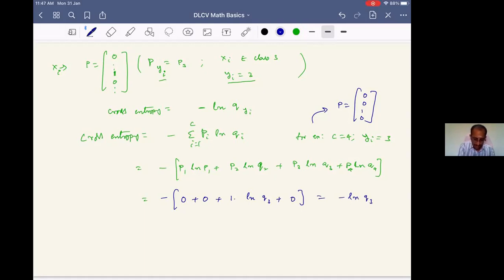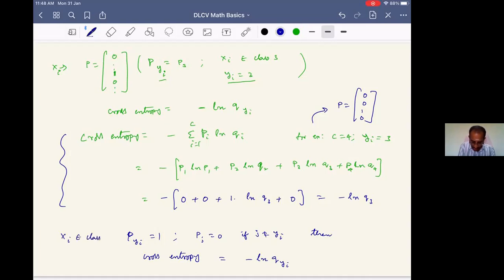This is the example, but in general, if P of yi is equal to 1 and P of j for the others is equal to 0 when j is not equal to yi, then cross entropy is defined as minus ln of q of yi, where xi belongs to class yi.